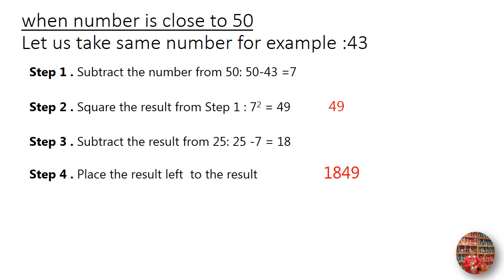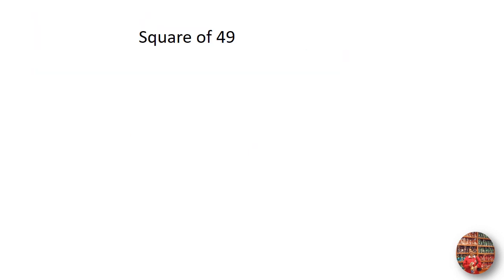So 18 and 49. So the answer is 1849. Let us take another number. Square of 49 will be faster now. So how much less? 1 less. So I'll put 1 square.